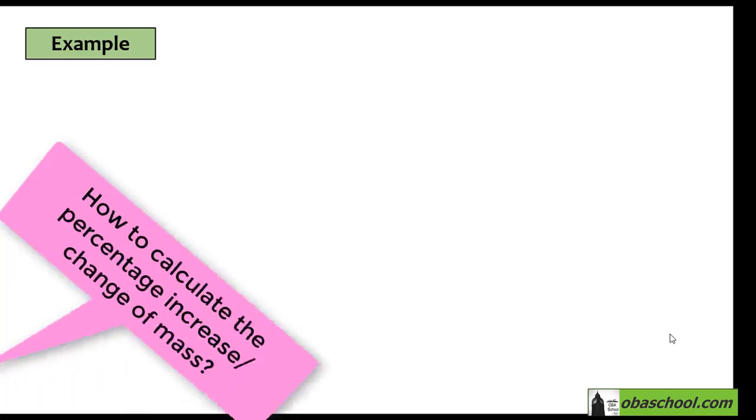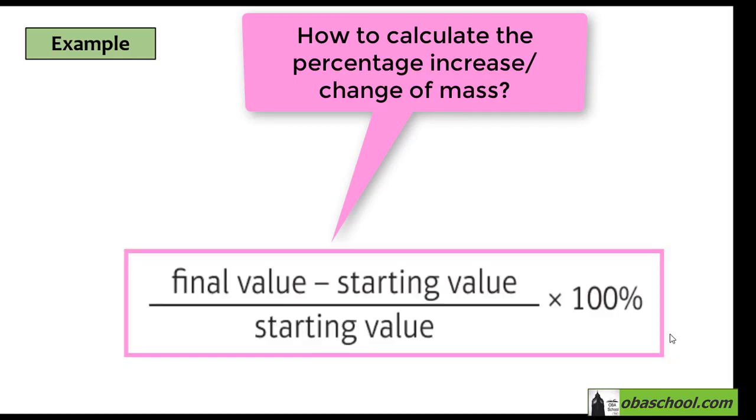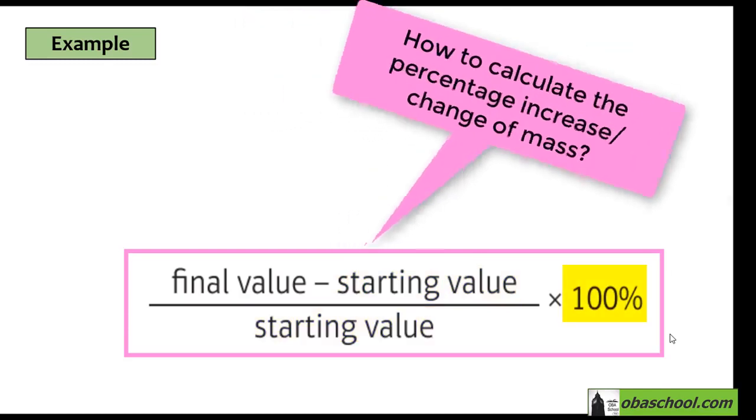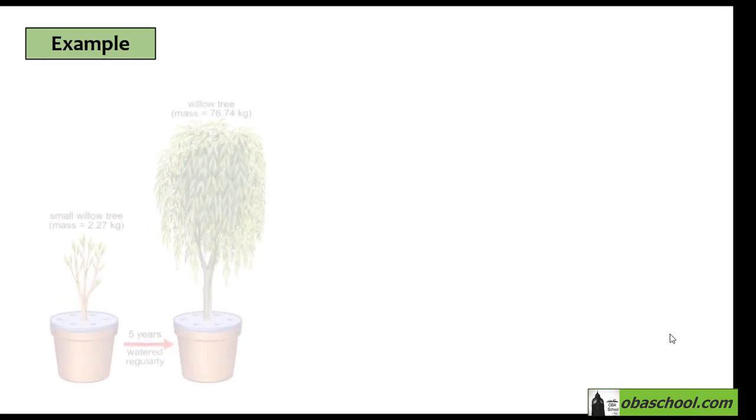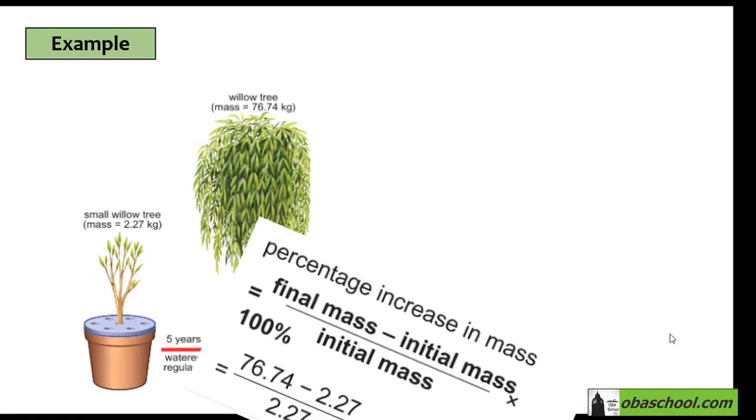Furthermore, we can calculate the percentage increase or the percentage change in mass using the following formula. So, final mass minus the initial mass divided by the initial mass multiplied by 100. Taking into consideration the willow tree as an example again, we apply this formula.